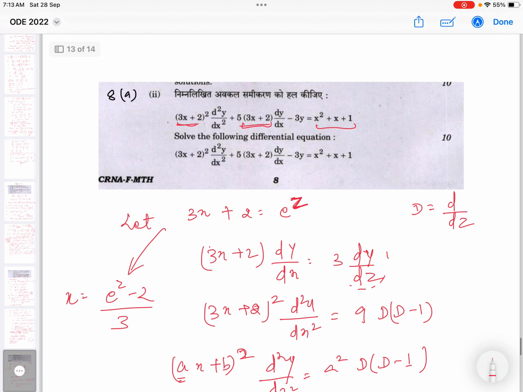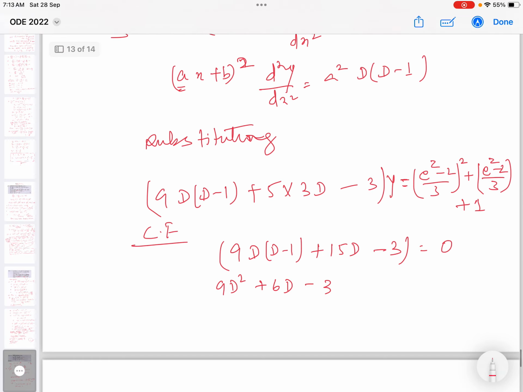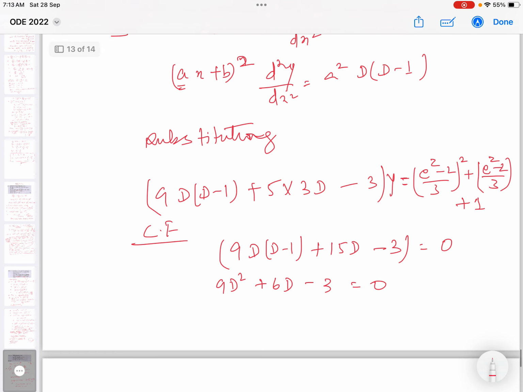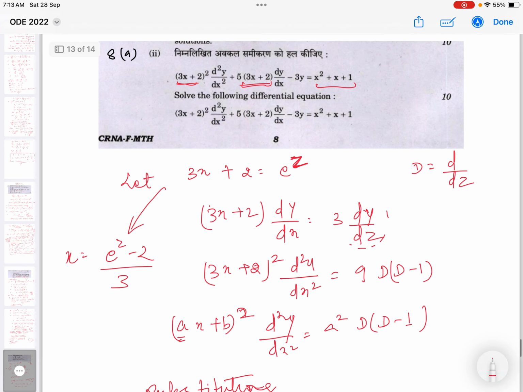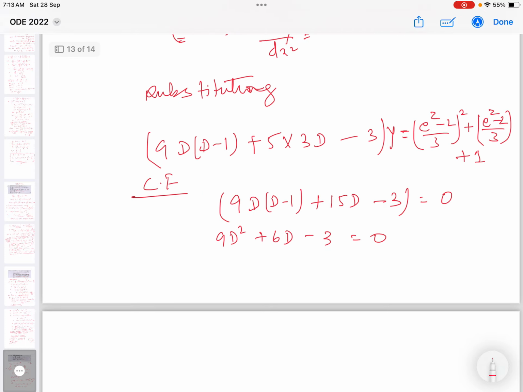I think we are correct. So we have to solve 9d square minus 9d plus 6d minus 3.